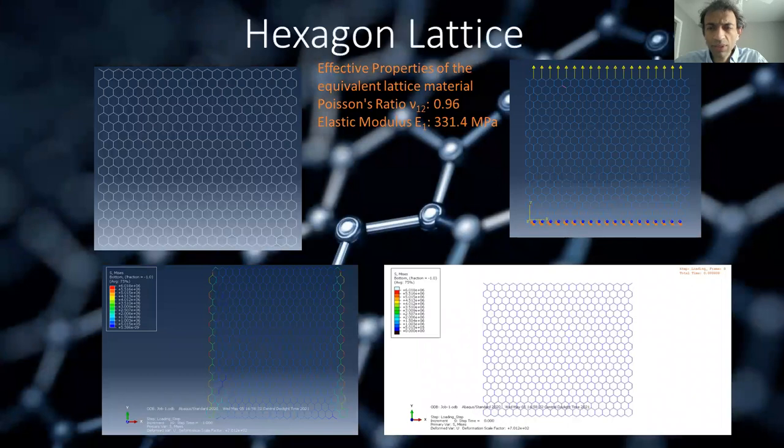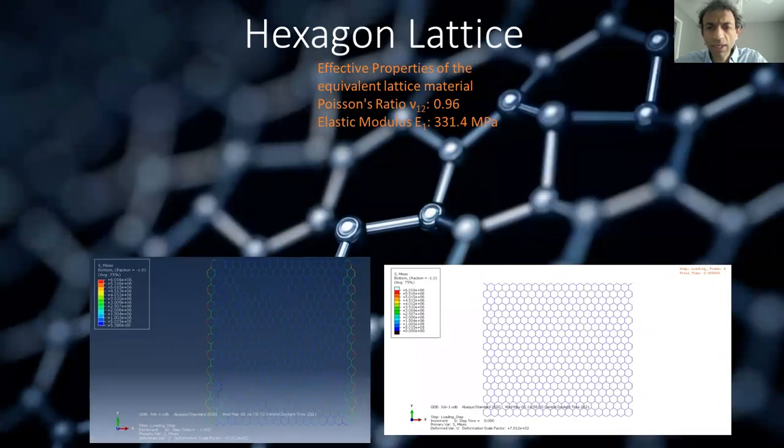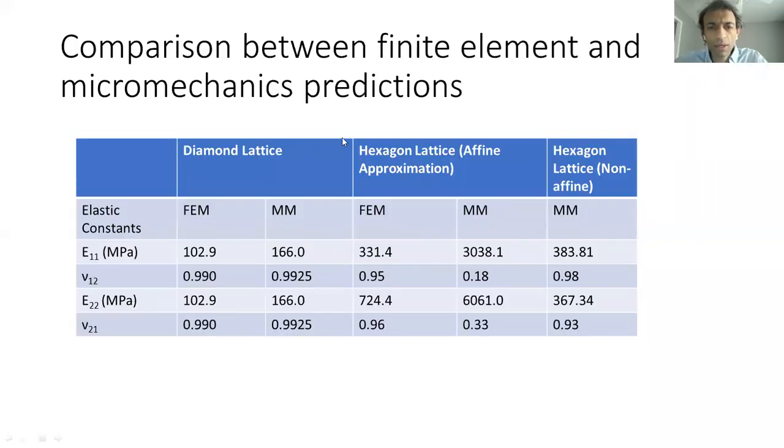I'm just showing this for the example of a hexagon lattice. If we look at the affine approximation, as I mentioned, the micromechanics method predicts a very overly stiff material. Whereas if we use the non-affine approach that I developed here, it is much closer to the finite element method.